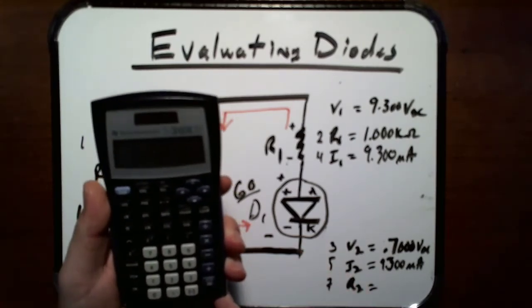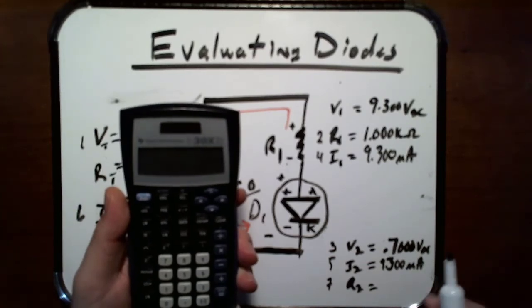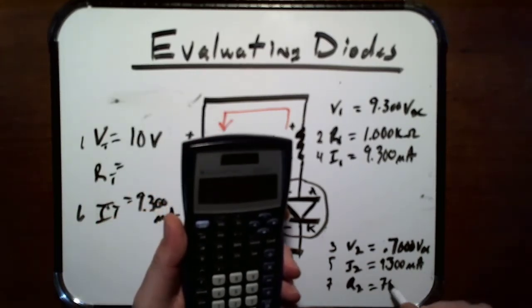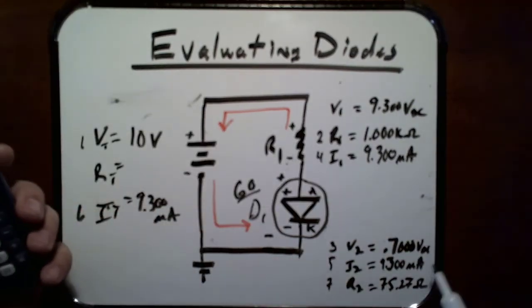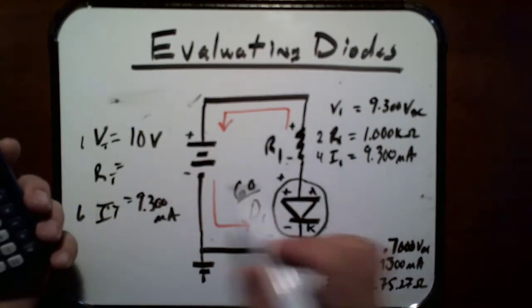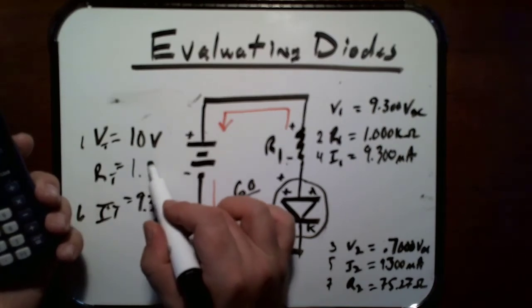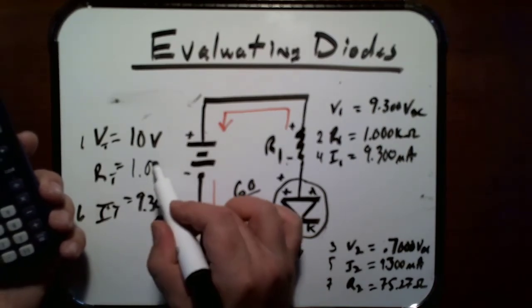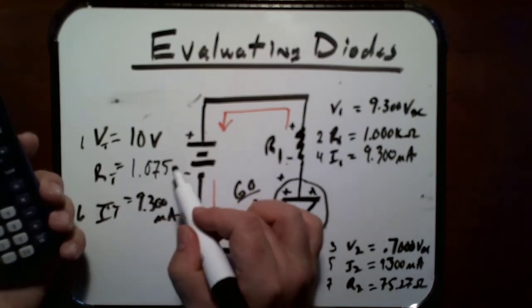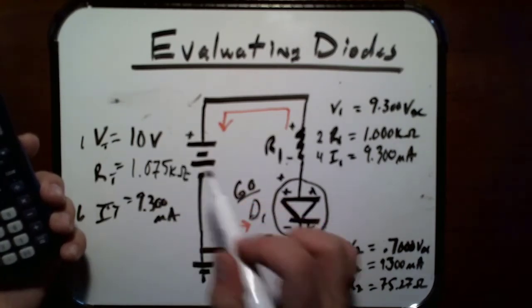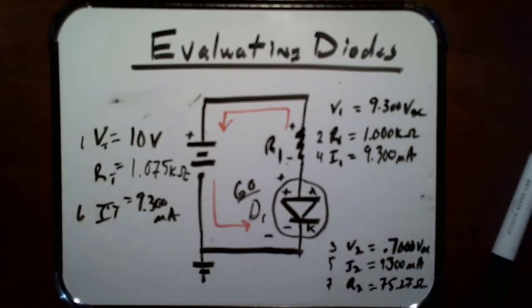I get 75.27 ohms. Okay, so then my RT is actually 1.075 kilohms.